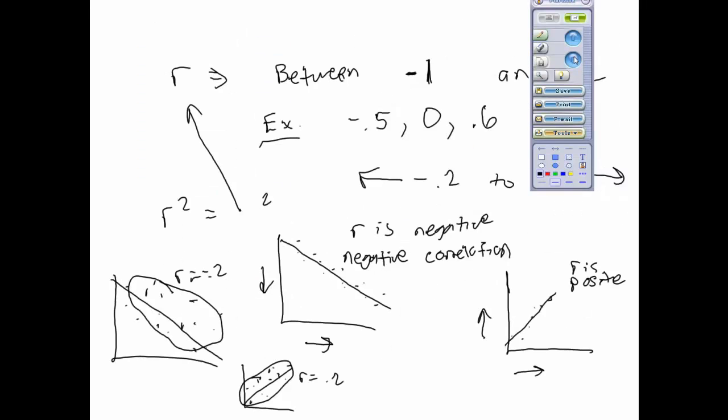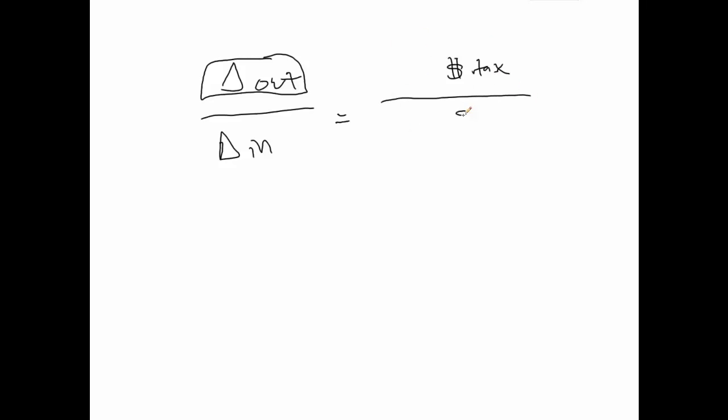But then let's talk about the rate of change. The rate of change is always the change in output divided by the change in input. Just because we didn't do this doesn't mean it doesn't have a meaning here. So the change in output, what's the output? The output is dollars of taxes, or tax dollars. And the input was the dollars of income.